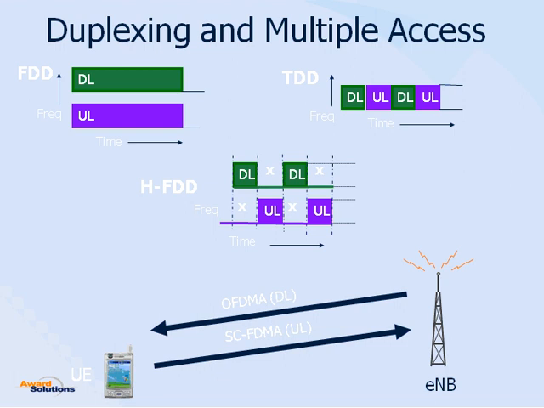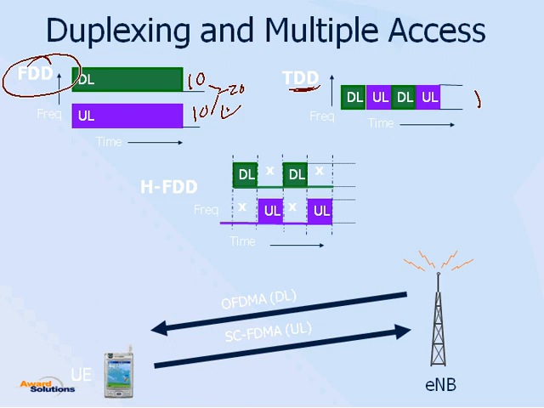From the LTE's perspective, we support frequency division duplexing. So let's say 10 megahertz uplink, 10 megahertz downlink, together 20 megahertz. So that's one way to operate an LTE system. Another way is to use time division duplexing.